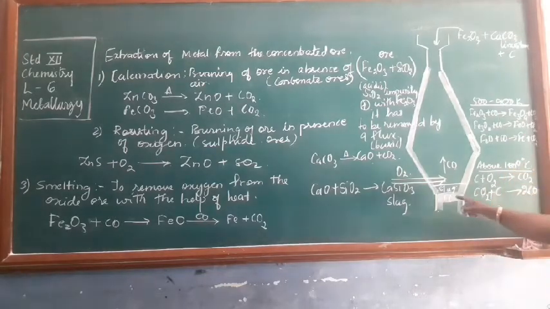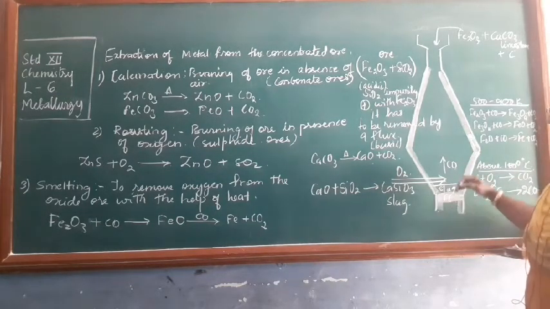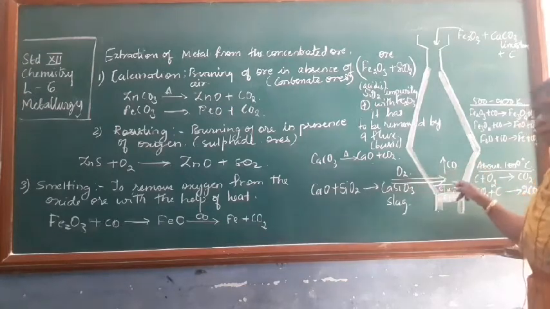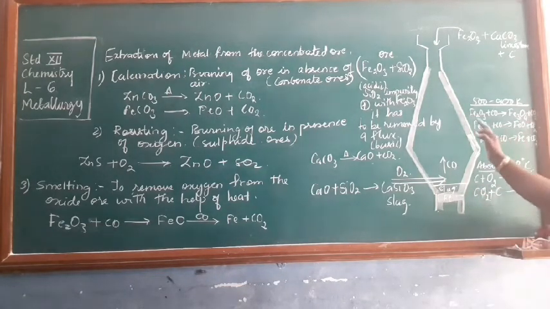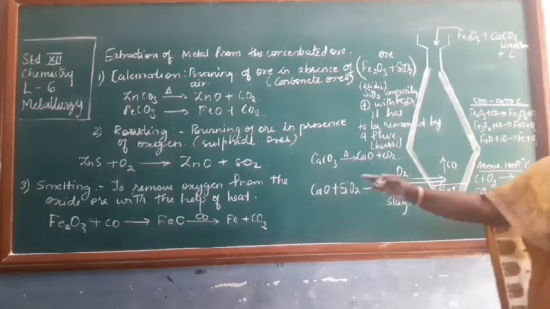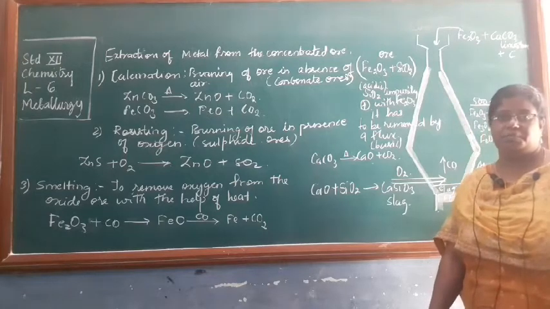Also it prevents the Fe metal which has already got reduced from coming in contact with the air and getting oxidized to FeO further. So it has two functions. Followed? So this is how the reduction process or the smelting of the iron oxide takes place.